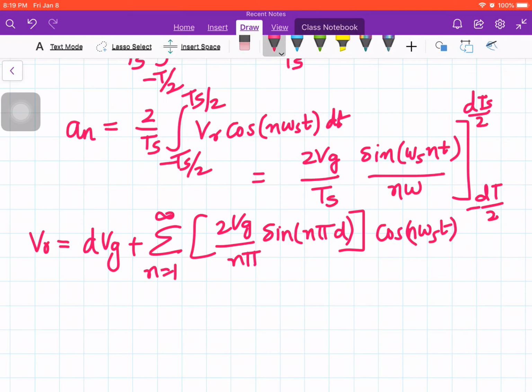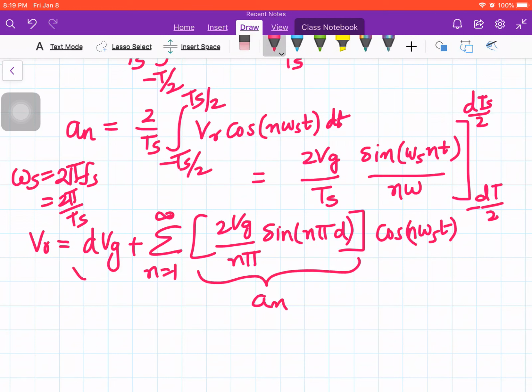What is omega s here? Omega s is nothing but 2 pi fs or 2 pi by Ts. So this is what our an is, and this is what our a naught.